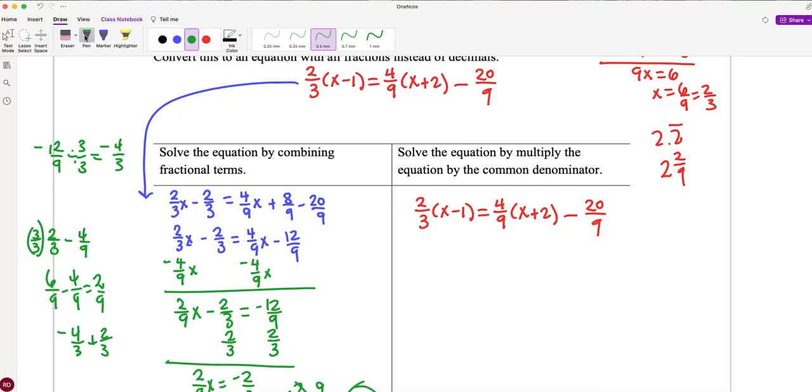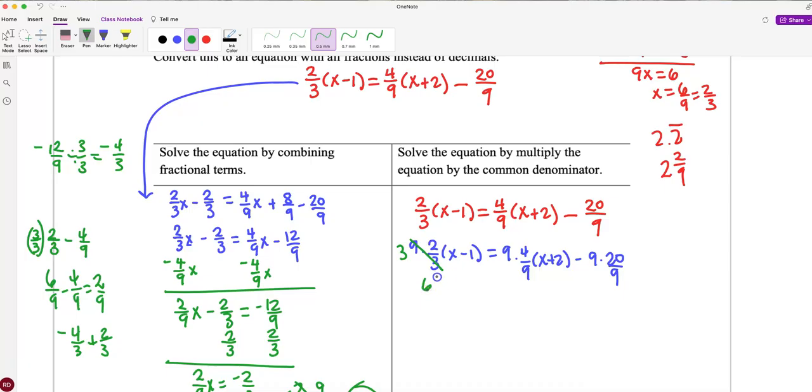So the common denominator is 9. So I'm going to multiply 9 times 2/3 x minus 1 equals 9 times 4/9 x plus 2 minus 9 times 20/9. That simplifies things quite a bit because 9/3 is 3.